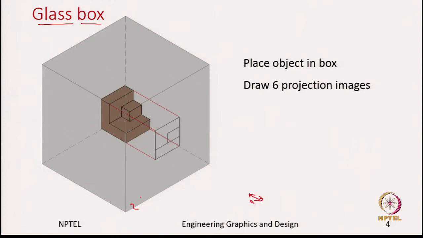So, here is the front view. Let me say that this plane on which we are drawing the front view is called the frontal plane. So, this is the frontal plane, let me write it as FP, F standing for frontal and P for plane. We can also call it the vertical plane.